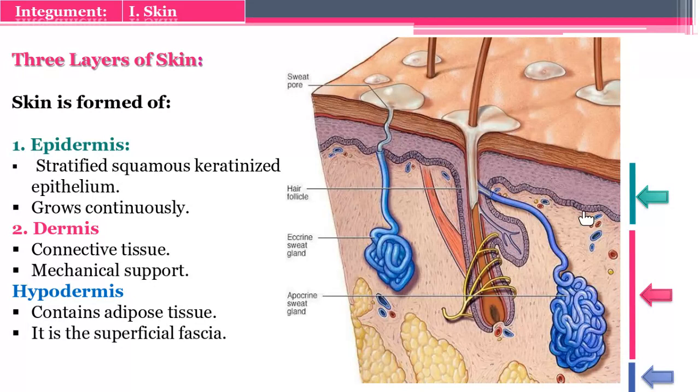From basement membrane down is the dermis, and the deeper part of dermis is hypodermis, which is composed of adipose tissue. The characteristic of epidermis is that it grows continuously. That means there is constant formation of surface epithelium, and the cells keep on forming and shedding. This is a continuous process.